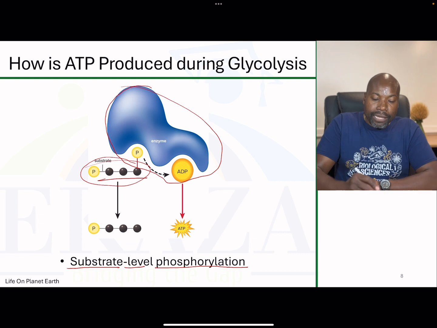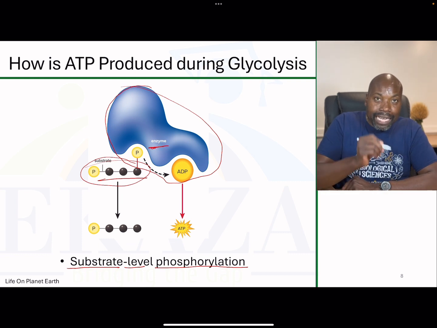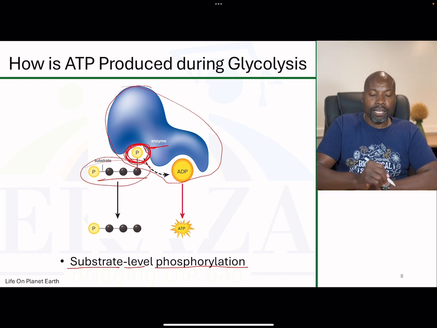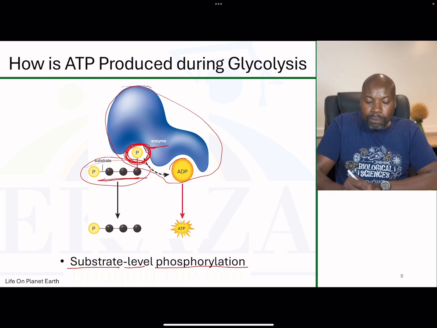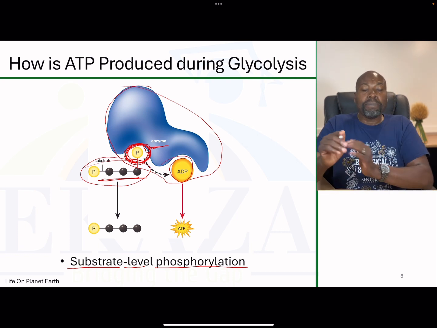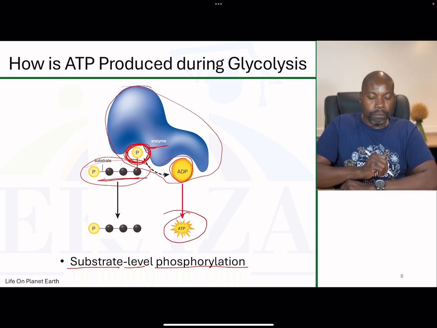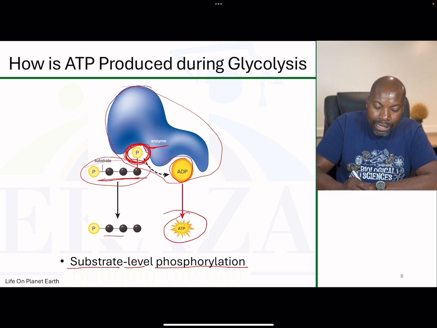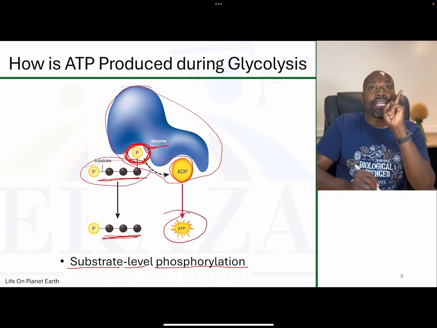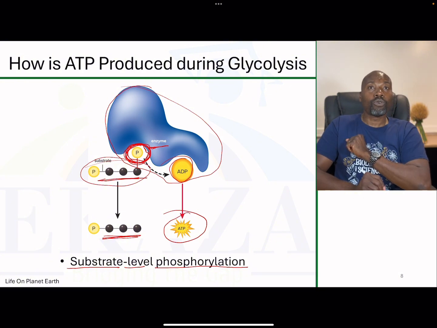Now, that big enzyme, its job is to strip a phosphate from the molecule here to add it to ADP so that ADP becomes ATP. Notice how the substrate is now with one single phosphate group left, right?